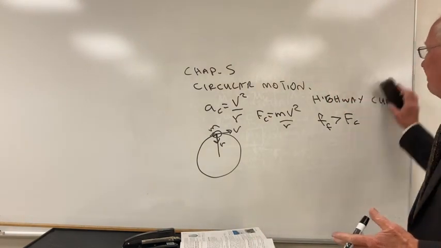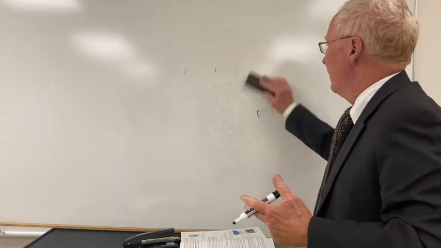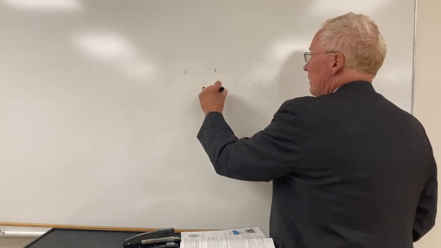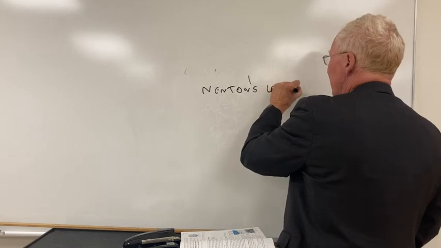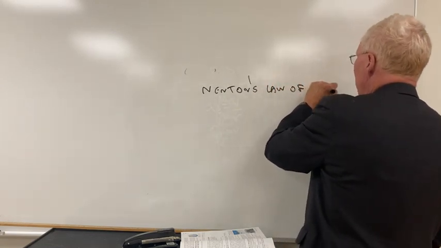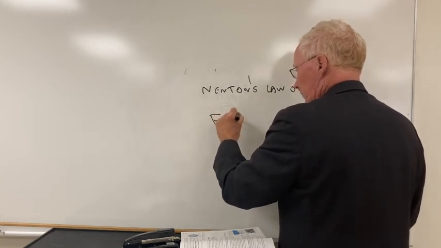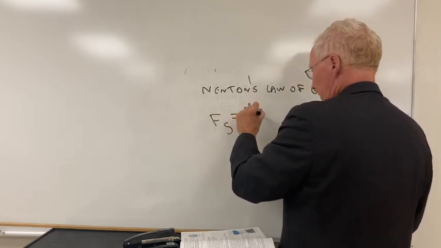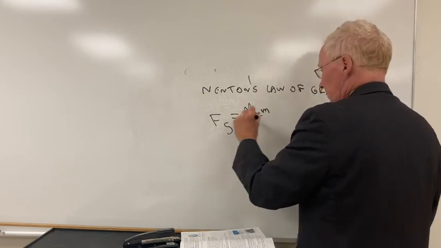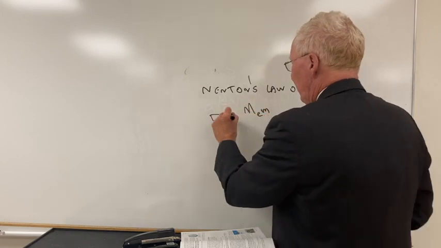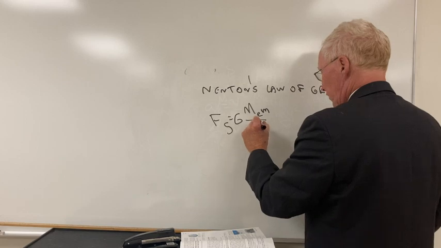And then finally, on chapter 5, Newton's law of gravity. The force of gravity is the mass of the earth, times the mass of the person, or whatever it is, times this constant G, over r squared from the center of the earth.